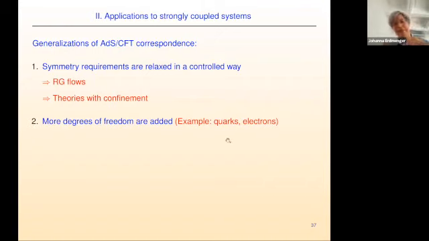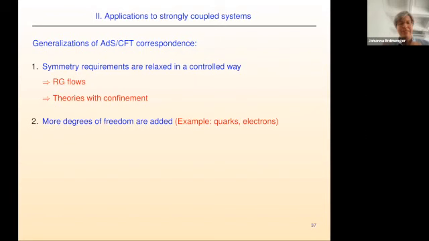Now, depending on what you want to do: if you want to describe QCD, the theory of the strong interaction, you want to add quarks. If you want to describe something in condensed matter physics, you want to describe electrons. This can also be done in a similar way, but for the moment I'm sticking with quarks because I'm just talking about quantum chromodynamics here. Sorry if this was not very clear.